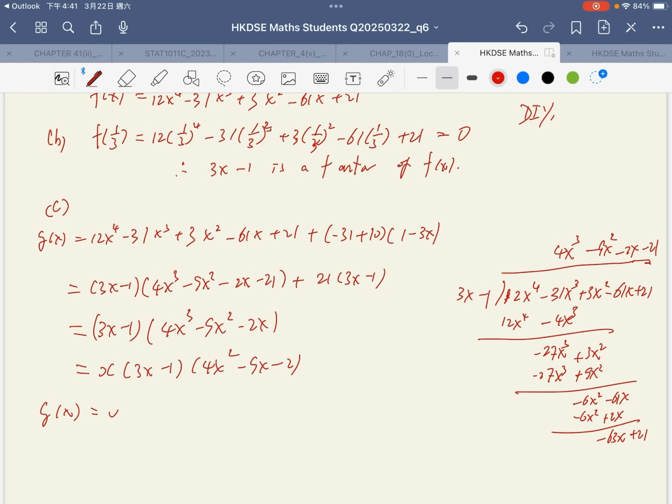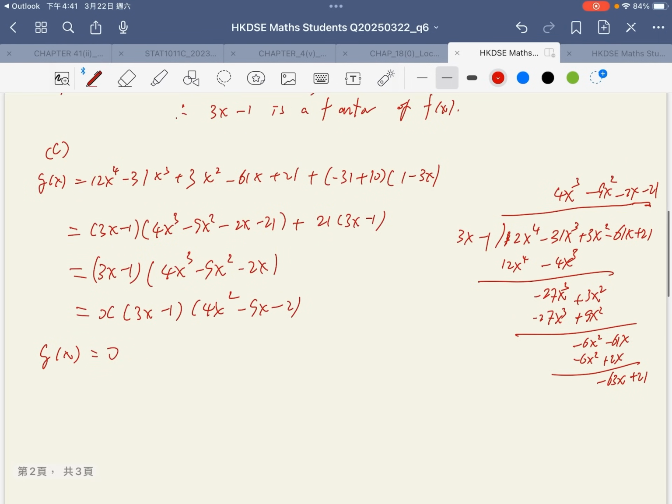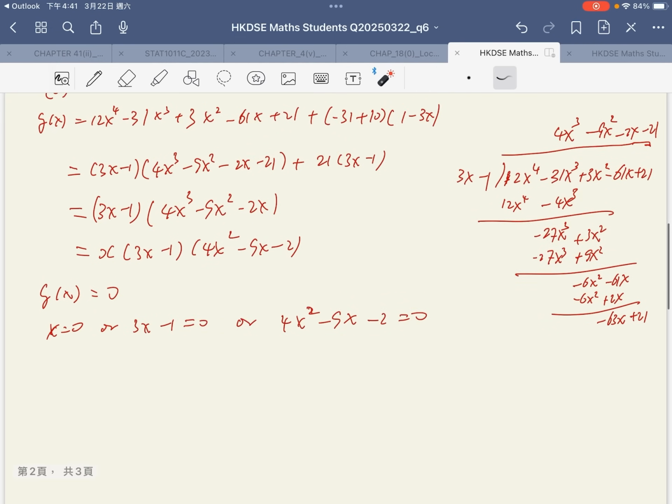And then when g(x) equals 0, let's look back at the question. g(x) equal to 0 has at least one irrational root. Therefore, I have to calculate all the roots when g(x) equals 0: x equal to 0, or 3x minus 1 equal to 0, or 4x squared minus 9x minus 2 equal to 0. For this one, we have to use the quadratic formula.